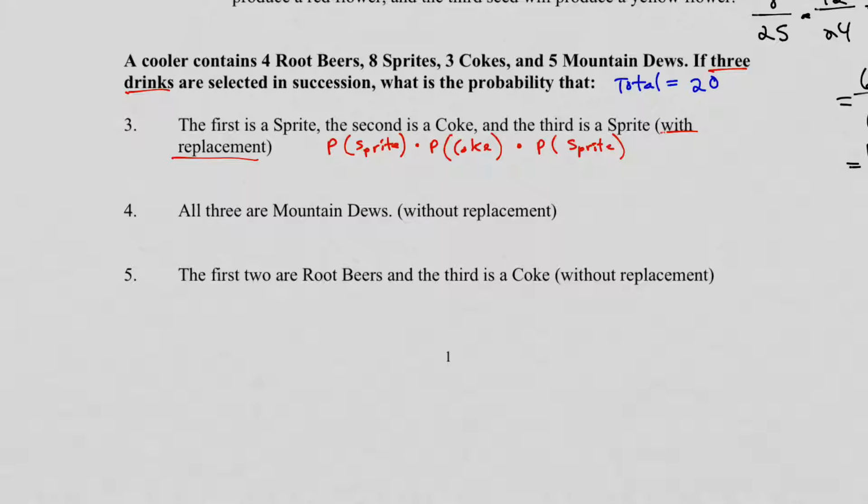Most of these are 20s for some reason, or less than 20, 25, 16, stuff like that. Okay, so Sprite, there are 8 Sprites right there. So it's 8 out of 20 times Coke, 3 out of 20, and Sprite again. We still have the same amount of Sprite, so it's with replacement.